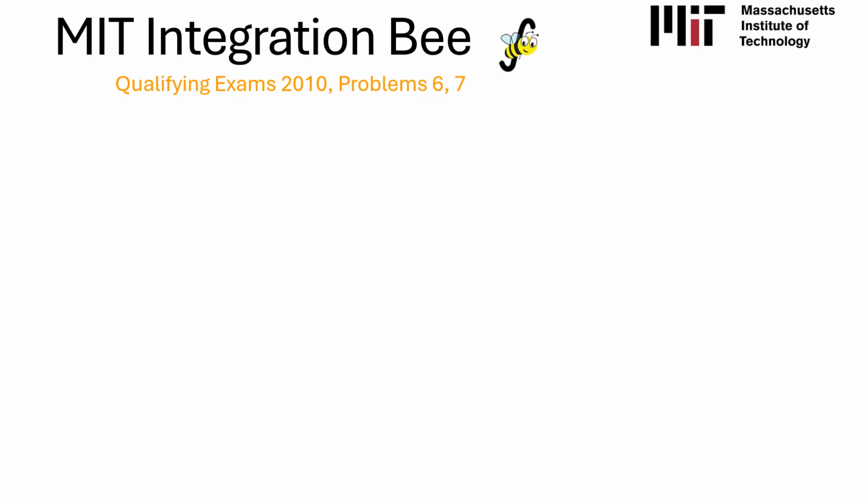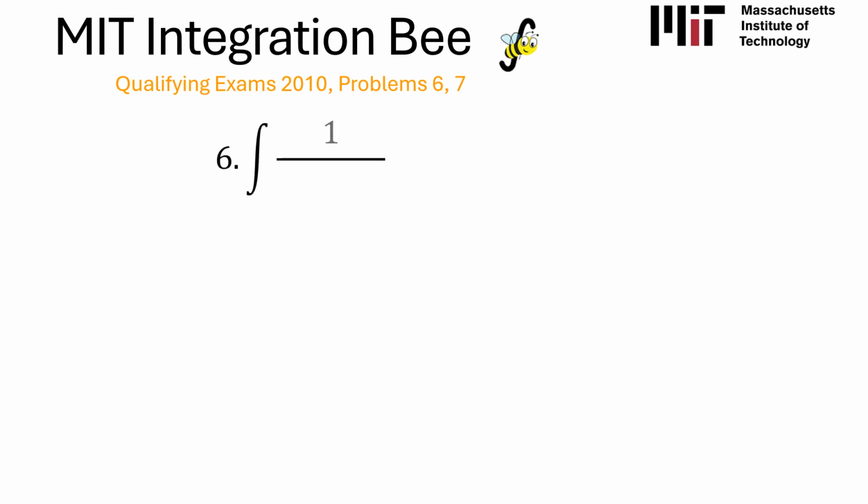Today we are still on the MIT Integration B qualifying exams 2010, and our focus will be on these two problems today, problem number 6 and problem number 7. So let's look at them.